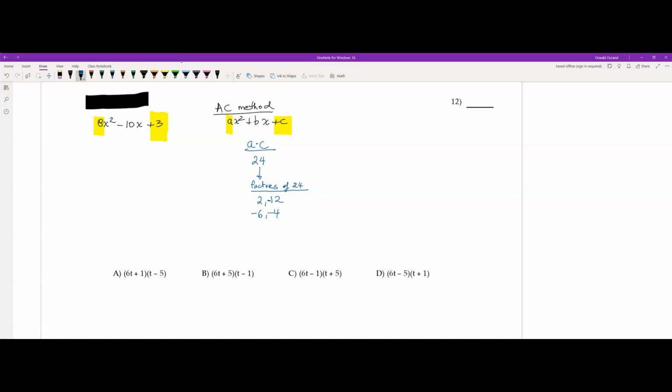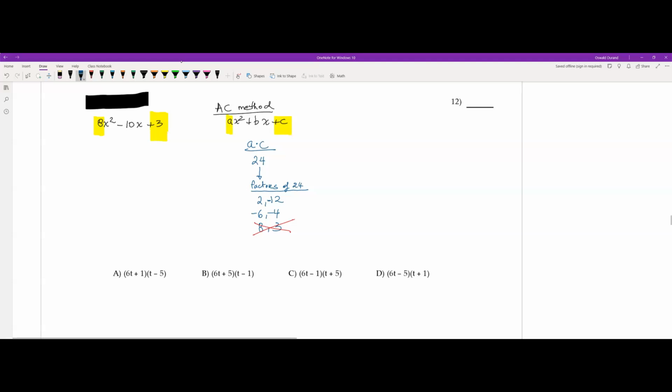What else do we have? We have 8 and 3, but 8 and 3 will not give you a sum of negative 10, so that's not going to work out. And 1 and 24, we know, right?